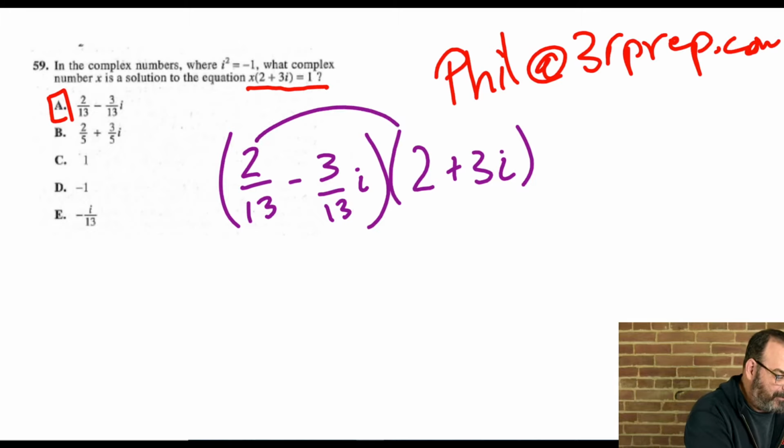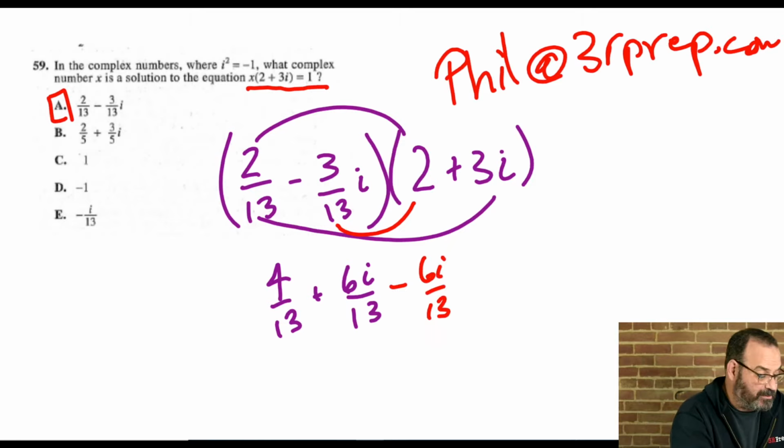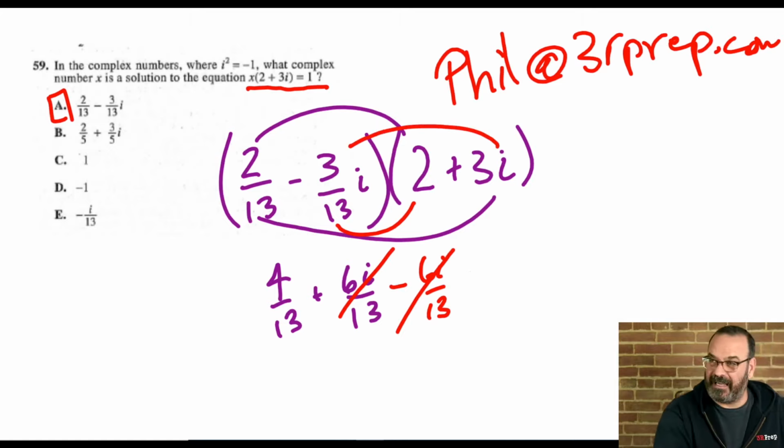So I'm going to go first, which is 4 over 13. Outer, which is going to be plus 6i over 13. Inner, minus 6i over 13. Notice they cancel to 0. And then last. There, I did it right.